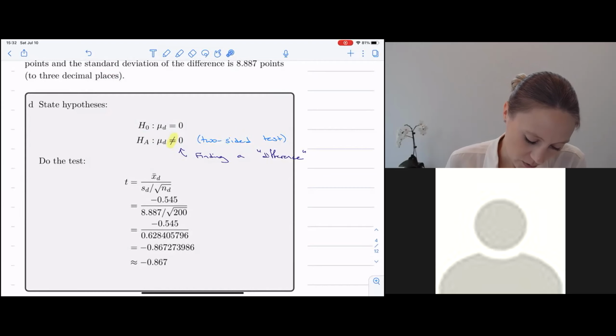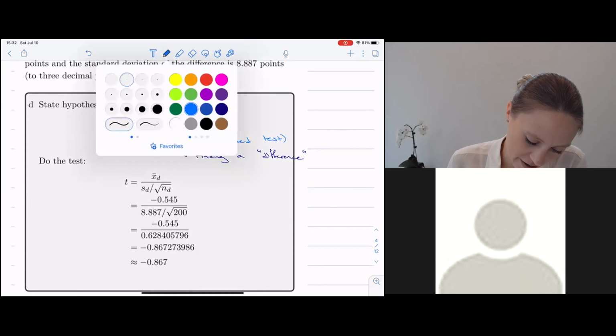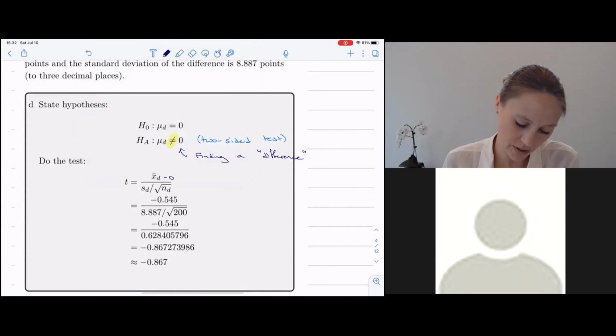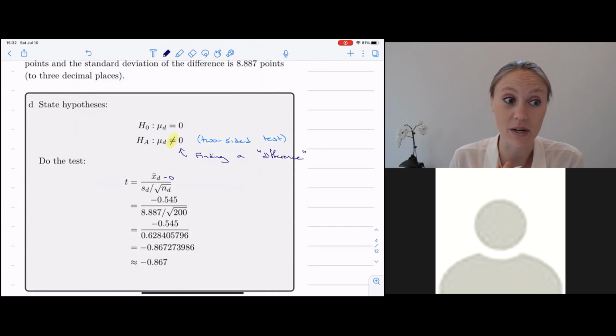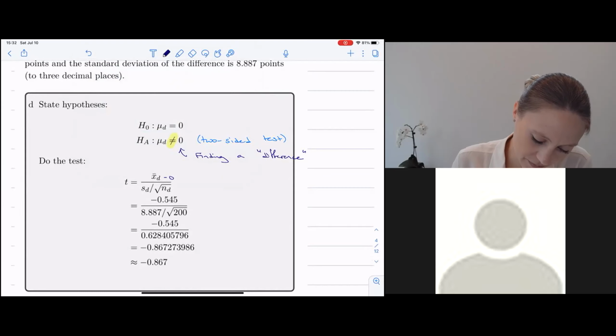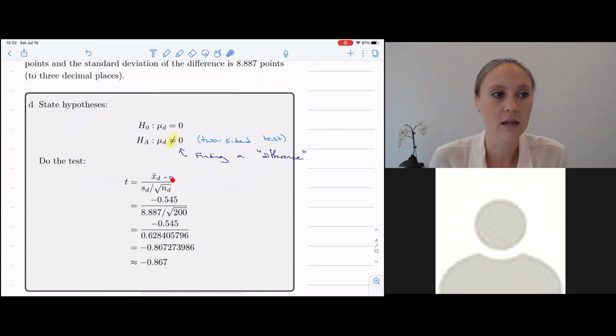So now when we do the test, notice that technically we have -0 here, but I didn't even write that down, right? But I will erase it. But what are we doing here?